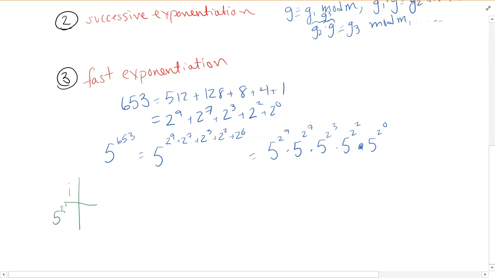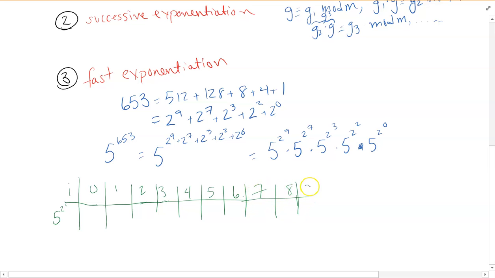Okay? And so then I can make a table 0, 1, 2, 3, and I'll need to go up to 9. Okay? 4, 5, 6, 7, 8, 9.